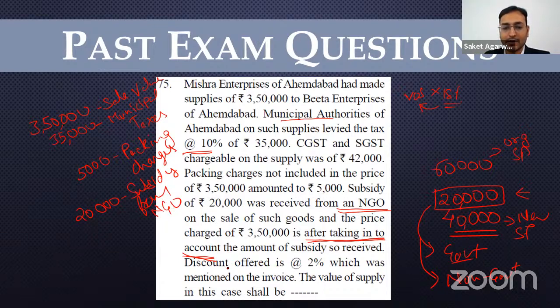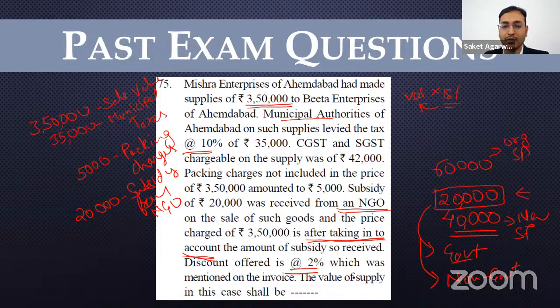Next. Discount offered is 2%, which was mentioned on the invoice. Now this particular sentence, it is not very clear on what amount the discount has to be given. But the assumption which is always made is that this 2% is of the original selling price, 3,50,000.